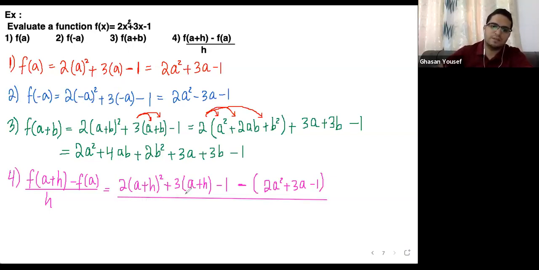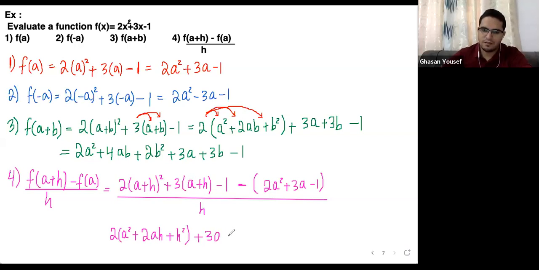Now we can simplify the numerator, the square. Here I get 2a squared plus 2ah plus h squared. Now with the 3, I can distribute it inside the parentheses: 3a plus 3h minus 1.